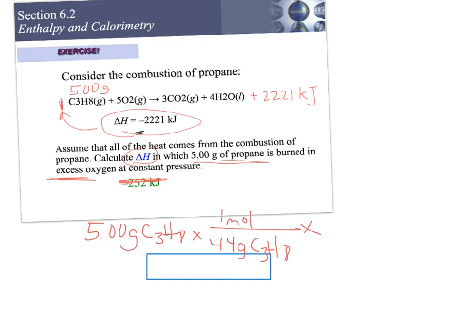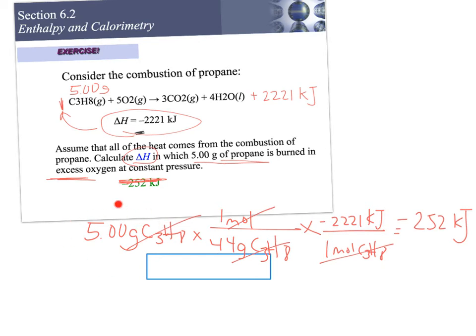And then I found out that the change in enthalpy for 1 mole of propane was minus 2,221. So for 1 mole of propane combusting, I create minus 2,221 kilojoules. And so then I'm just going to use stoichiometry to figure this out. My units cancel, and my answer is minus 252 kilojoules of energy are released when we burn only 5 grams of propane. Woohoo!